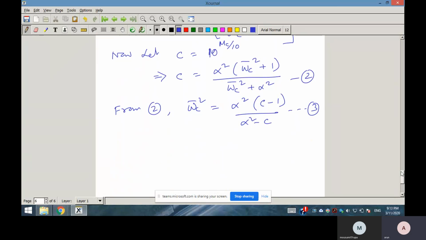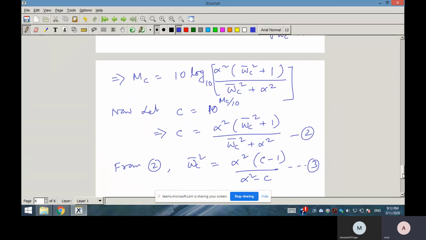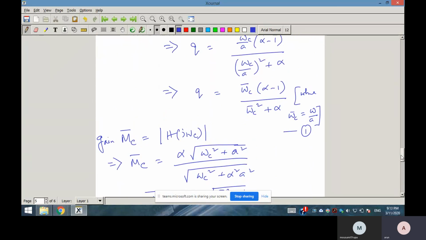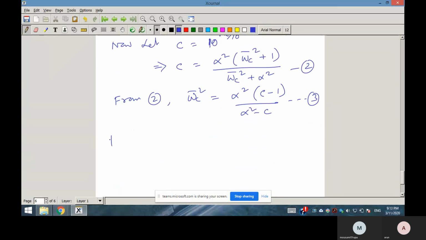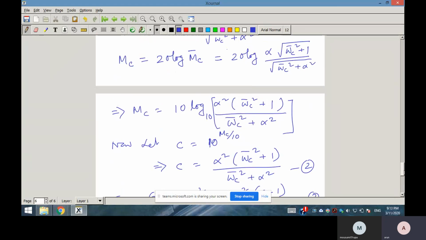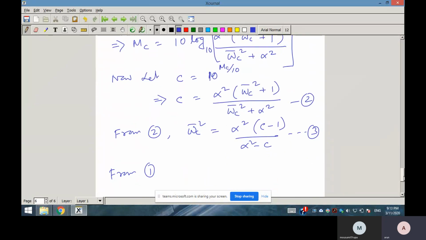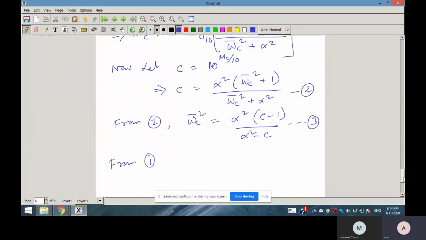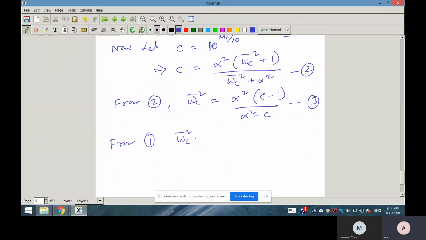Then what will you get? This omega c bar square, if you substitute in this expression, now from 1 what we are getting, from 1 q square equal to omega c bar square plus alpha, the whole square into q square.